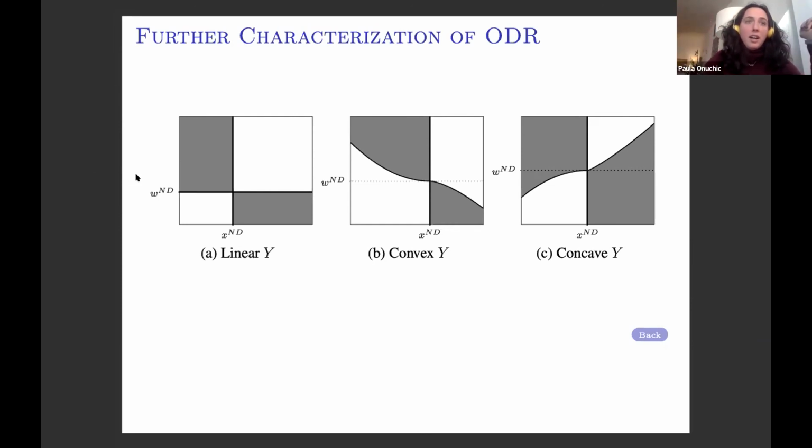And it's also going to be equal to the average profitability amongst all the non-disclosed signals. And if, for instance, the distribution of the receiver outside options is convex, I can show you that it's going to be a decreasing function, which is going to exactly cross this W and D at X and D, and the opposite if it's concave. So it's going to be an increasing function.